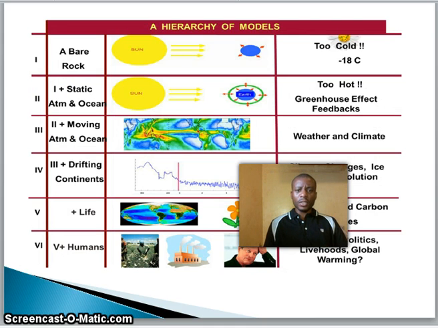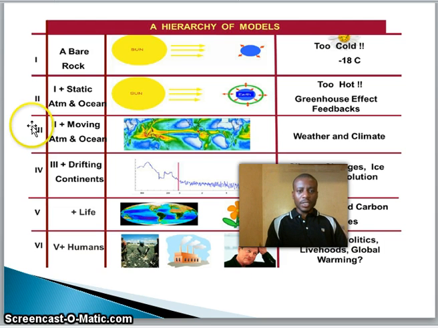Now, I want us to look at this hierarchy of models about the Earth's development throughout its history. If we look at the first one here, the Earth began as a result of the Big Bang, and you get the bare rock, and then you get the static atmosphere and ocean forming later on in its development, and then you get the moving atmosphere and ocean, which starts creating these dynamics of the paleoclimates.